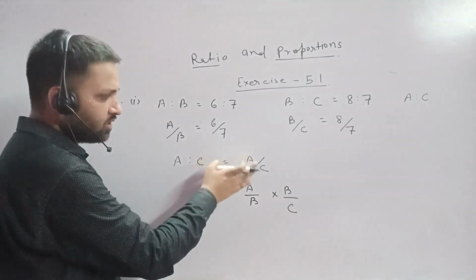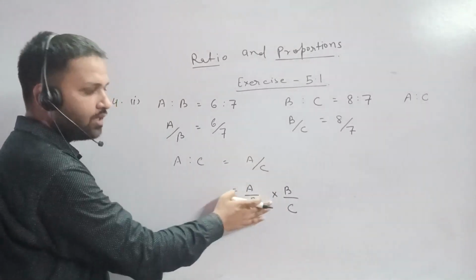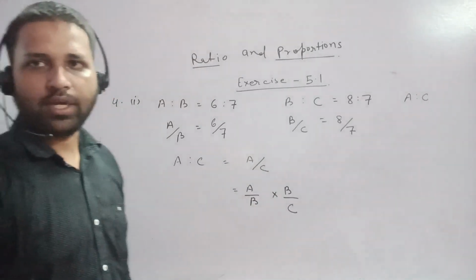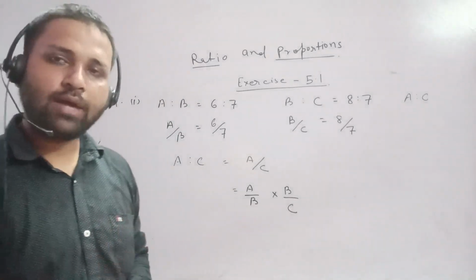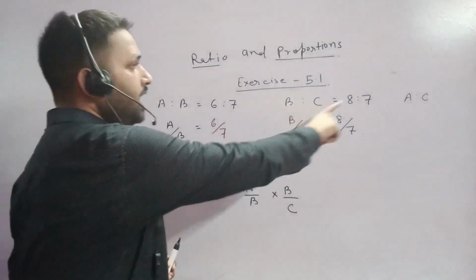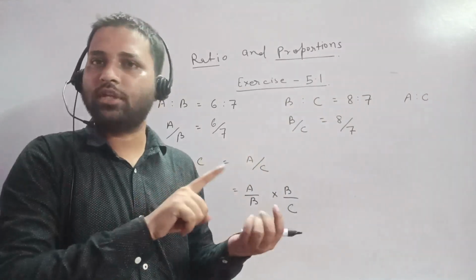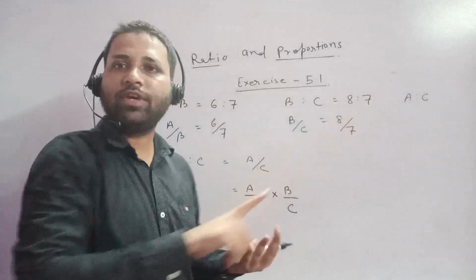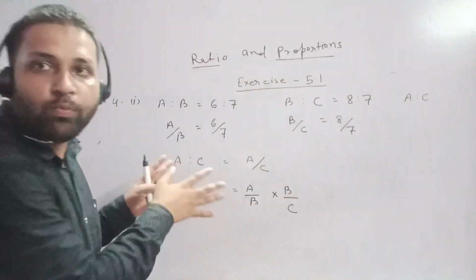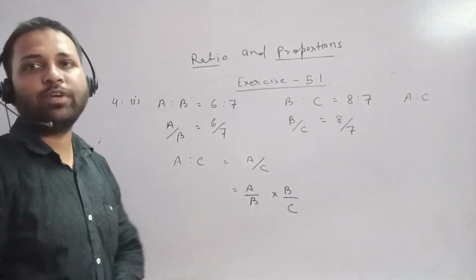Then A by C is simplified as A by B into B by C. Remember, if you have to find A is to C, that means the antecedent of the first ratio and the consequent of the last ratio, then you proceed this way.